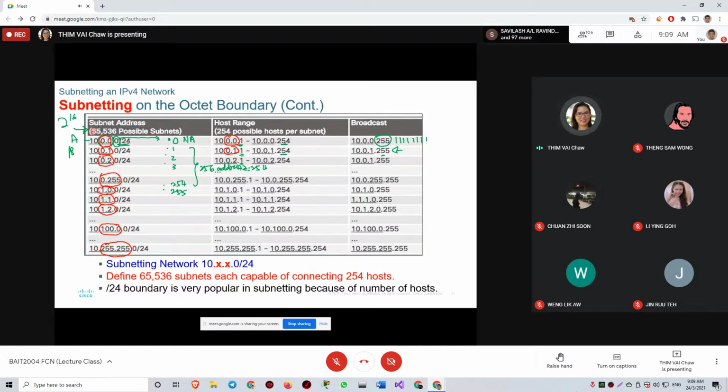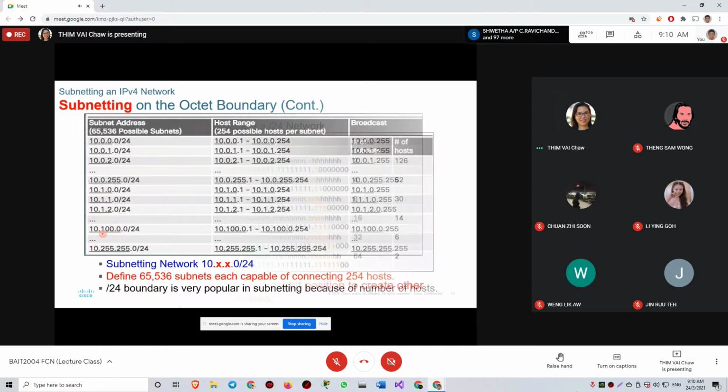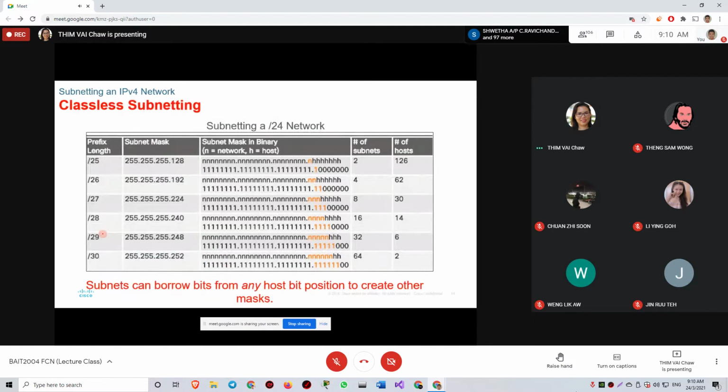That is the reason why you can have 65,536 possible subnets, because your bit pattern keeps changing. After you change this, you affect the one in front of it. So this number remains. That's why this prefix length is talking about the subnet. Okay, this is a /24.